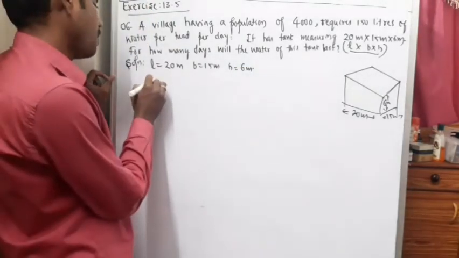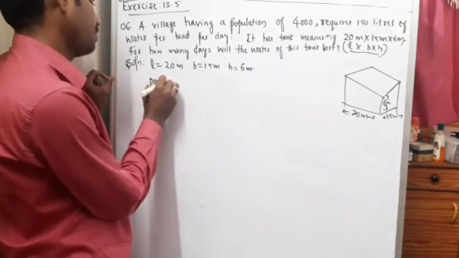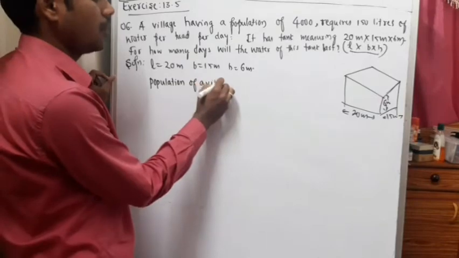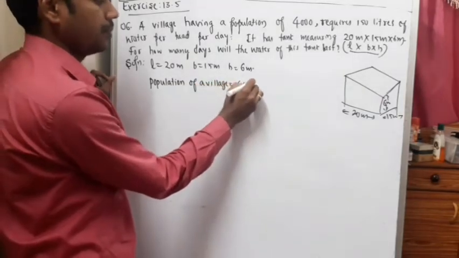The population of a village is equal to how much? 4,000.